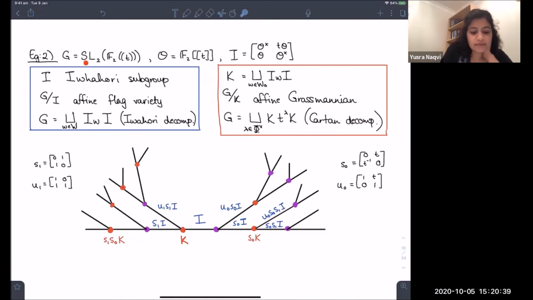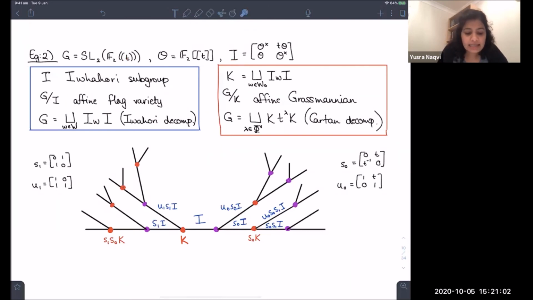So in this case, I'm looking at SL2, the special linear group of 2 by 2 matrices, over this field, which is the field of Laurent series with coefficients in F2. I have a valuation ring here, which in our case is power series over F2. So I've left off all the negative power terms in my series.